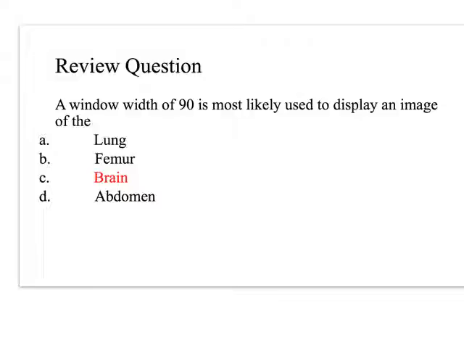So for example, I know that if I'm looking at the brain, I want to be somewhere around this 30. It said 90 in the last slide, but you'll notice that the width includes that. So this gives us a general idea of what the different Hounsfield values are in addition to window settings.